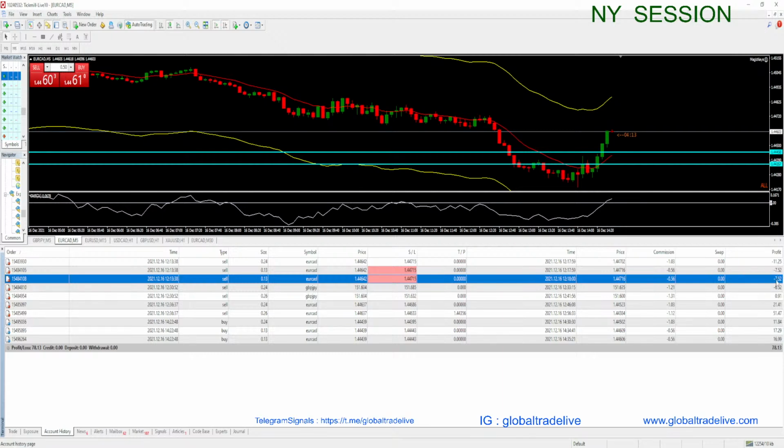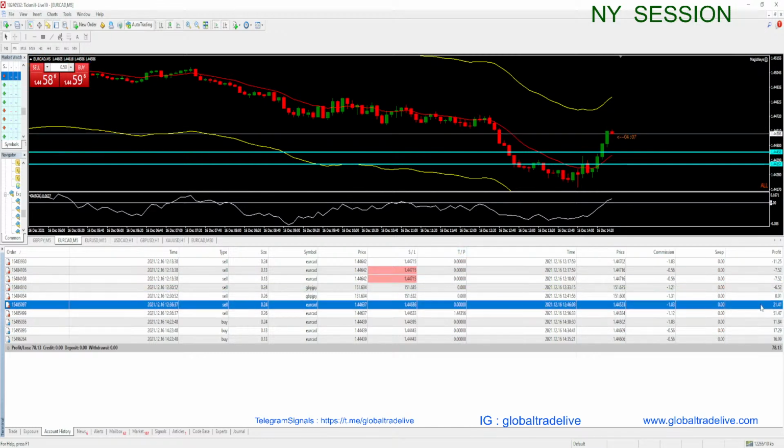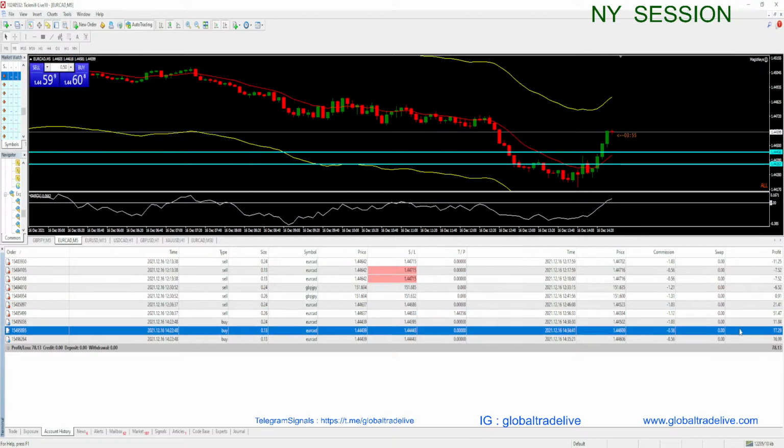So I have explained about the two trades I took and the losses I took in those two trades. After that, took this EuroCAD sell trade, booked a good amount of profits in this trade, and then took this trade over here and booked a good amount of profits in this trade as well.